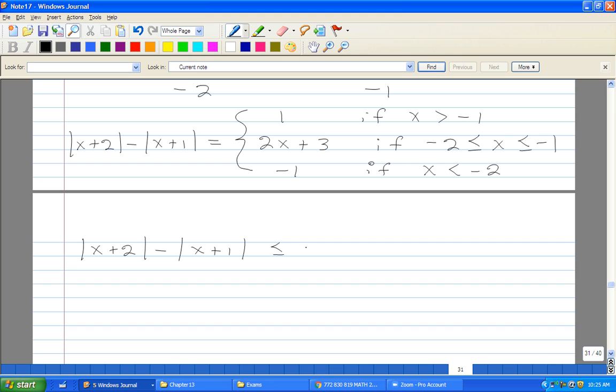Well, this is certainly true. It's certainly false if x is greater than -1, and it's certainly true if x is less than -2.